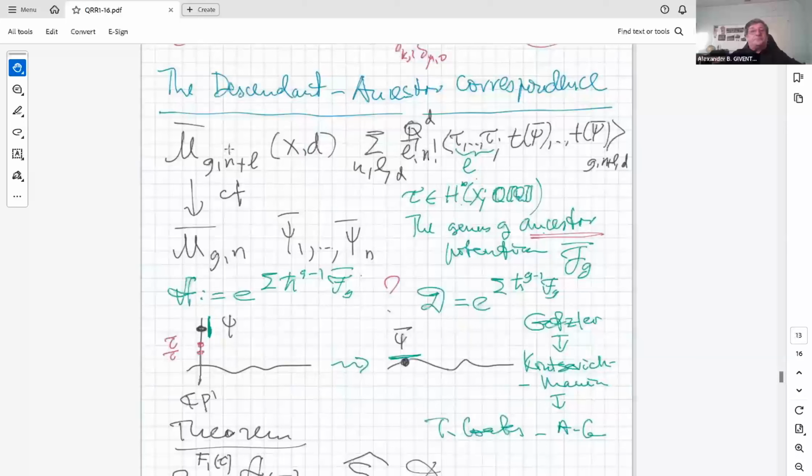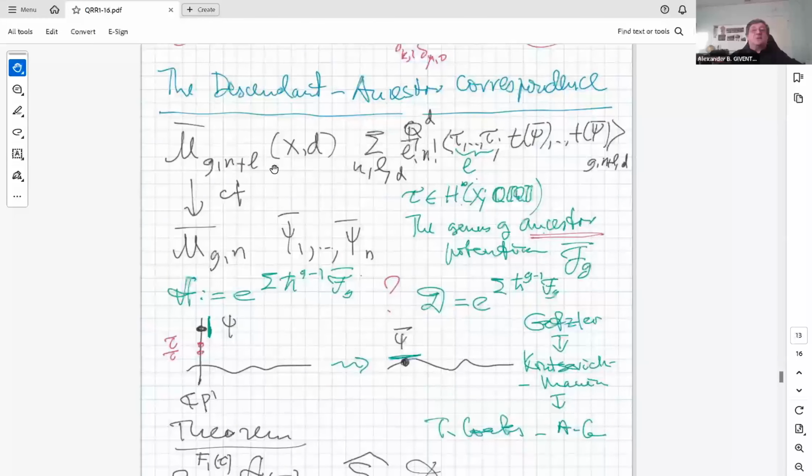namely. Let's consider the moduli space of stable maps to X of degree d, genus g, and n plus L marked points.